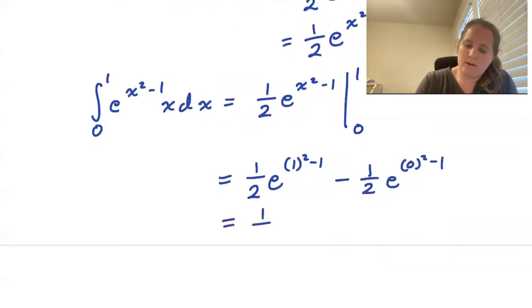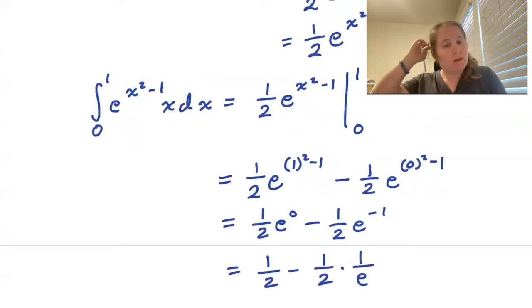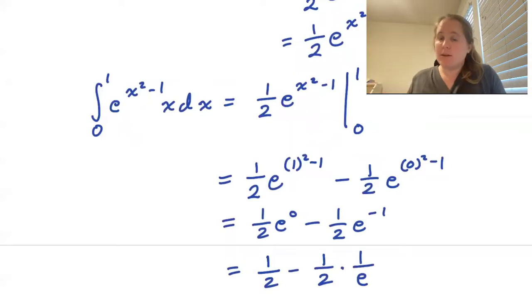And we have 1/2 e to the 0th minus 1/2 e to the -1. It should look familiar. And we wind up with 1/2 minus 1/2 times 1 over e. Right. So we get the same result as we had before.